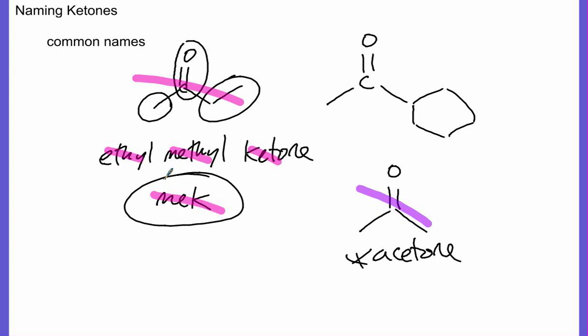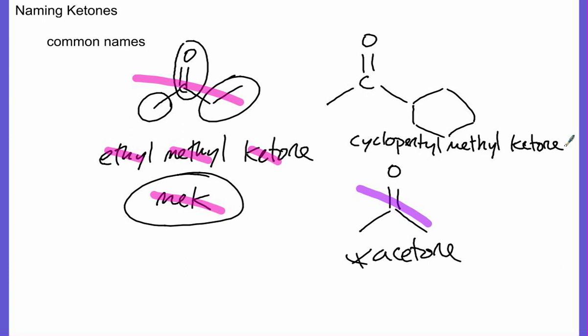So you could have an MEK, you can have acetone, but you can have lots of other things. Like I said, this one over here would be kind of a cyclopentyl methyl ketone. Right, I could tell you that you have a, what would be the alphabetical order there?